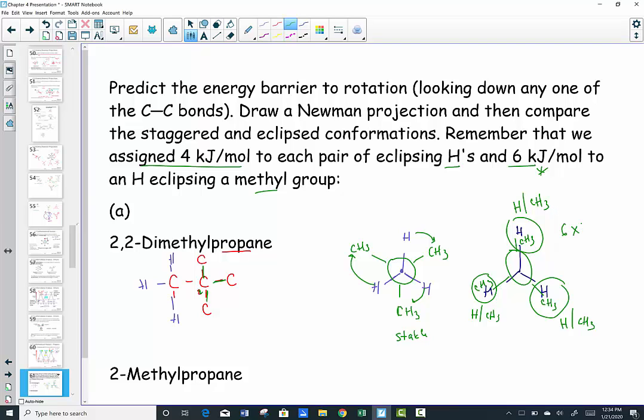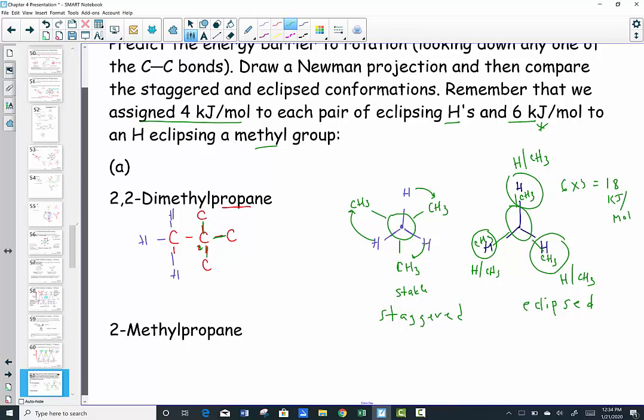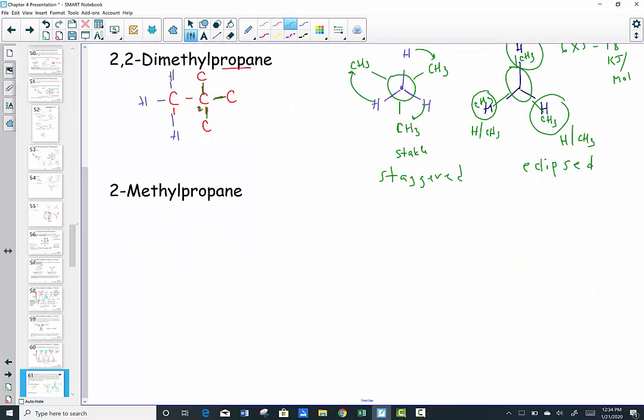So the total cost to this molecule to be in the eclipsed position would be 18 kJ per mole. From the staggered to the eclipsed position would cost 18 kilojoules of energy on our energy diagram.